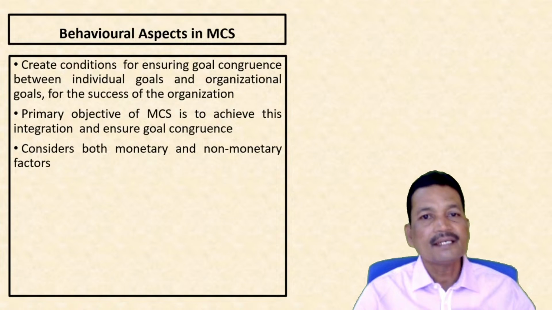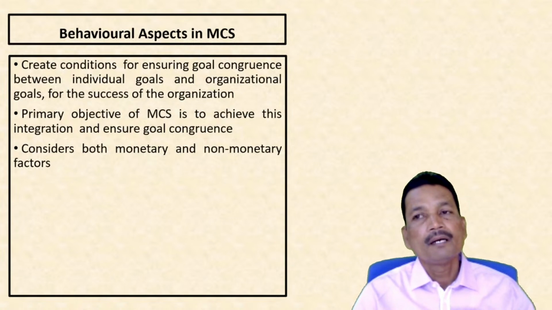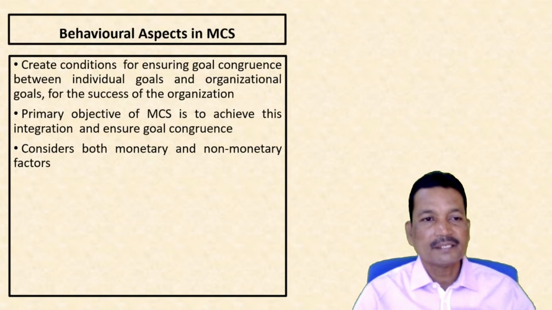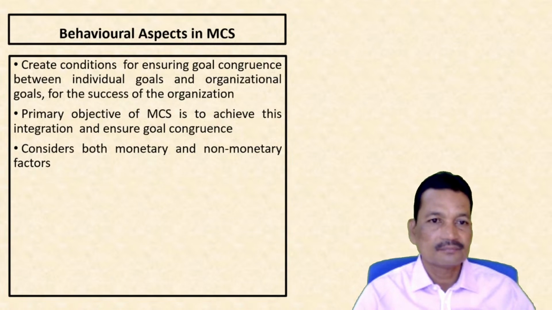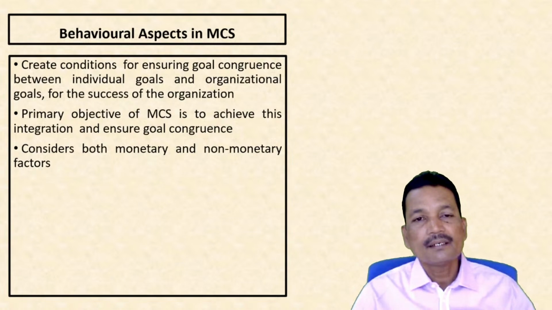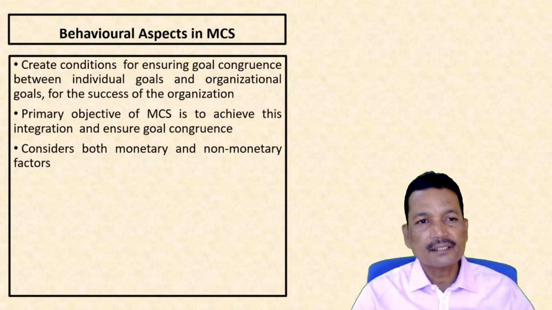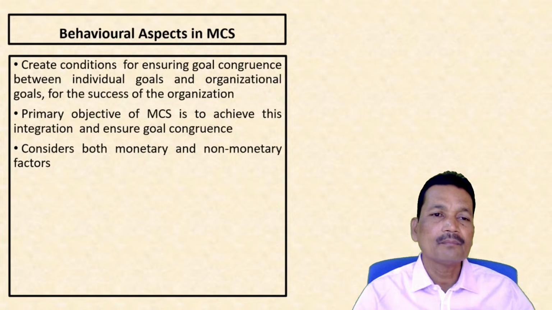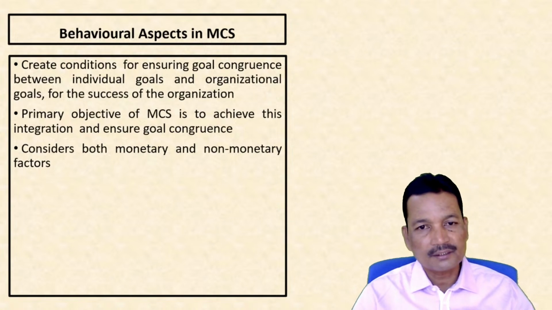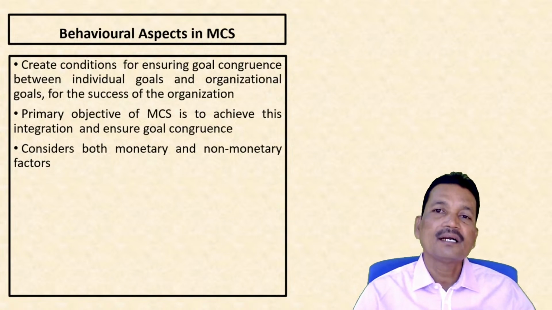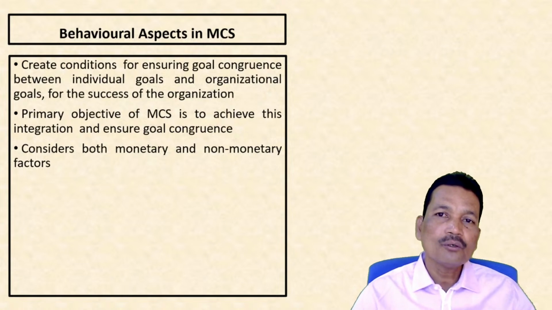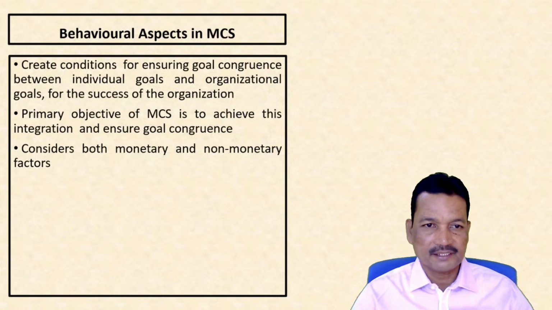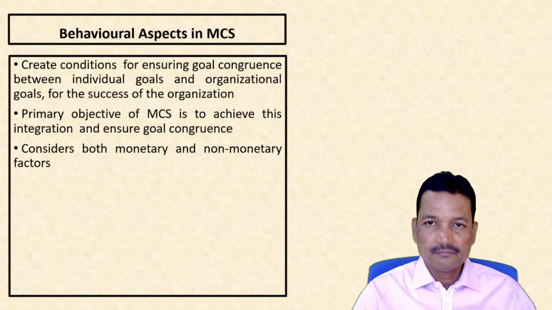Behavioral aspects in management control systems. Now, what does MCS do? When we look at behavioral aspects, we have individuals who work in the organization and the organization as a whole, which is moving towards an objective.